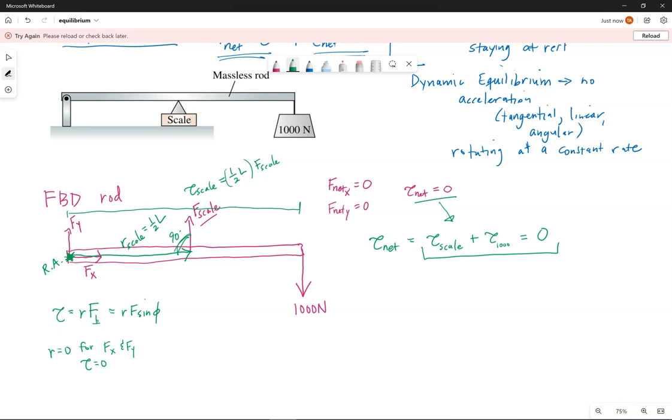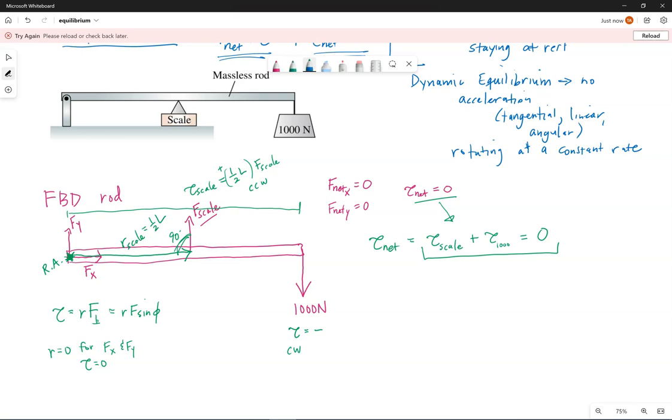Now, if that force was the force causing rotation, if there was not 1,000 newtons at the other end, this would cause that rod to rotate counterclockwise. Counterclockwise is the positive z direction, so we would say this is a positive torque. The 1,000 newtons would cause clockwise rotation, so it's going to be a negative torque.